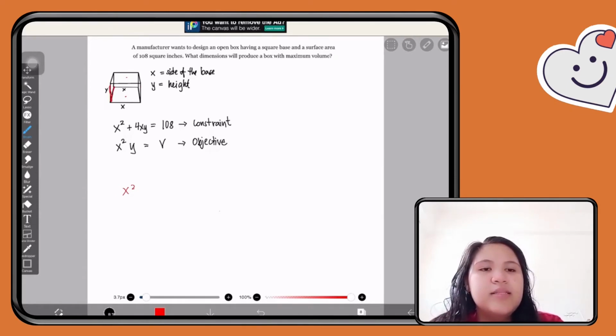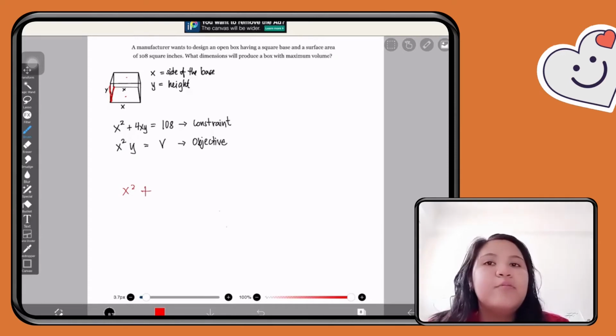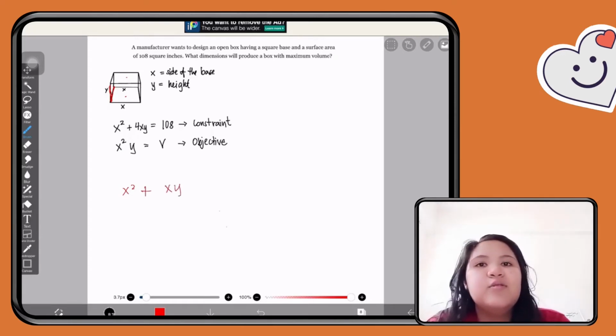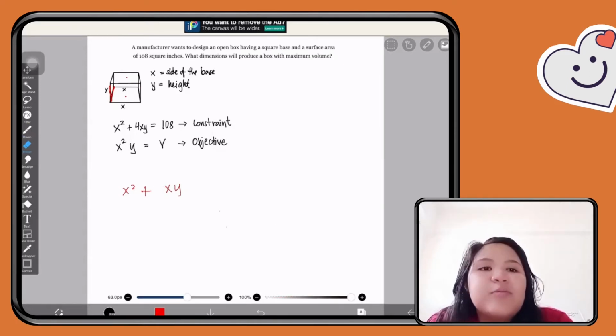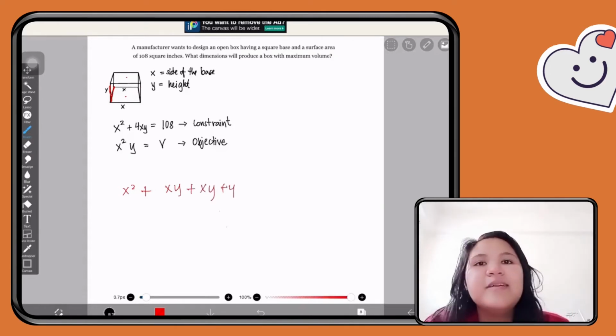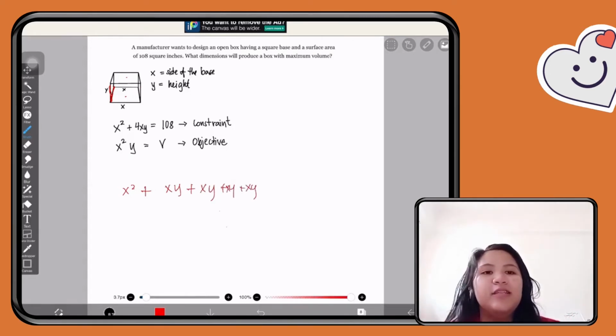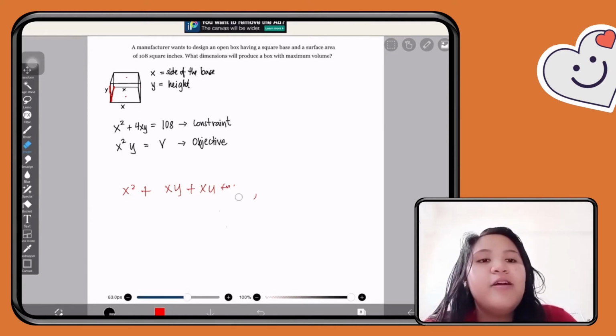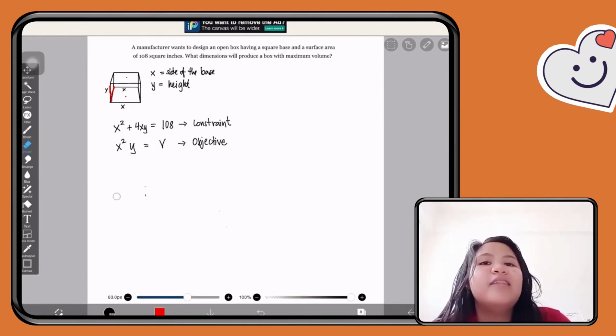So it's x multiplied by y. But since there are 4 of them, we can shorten it to 4xy. We could write x squared plus xy plus xy plus xy plus xy, but shortened, it's x squared plus 4xy equals 108 square inches.